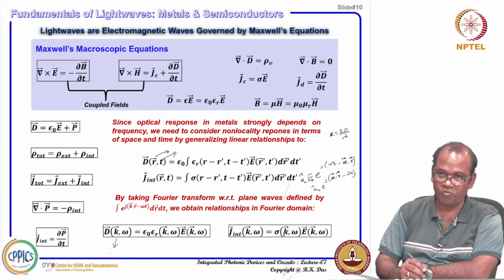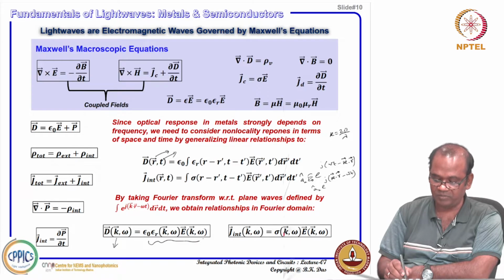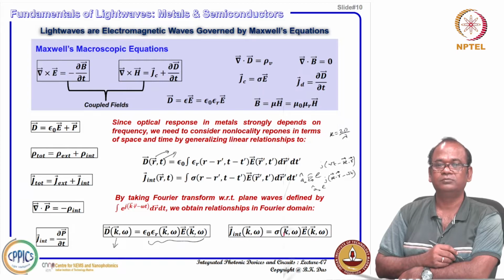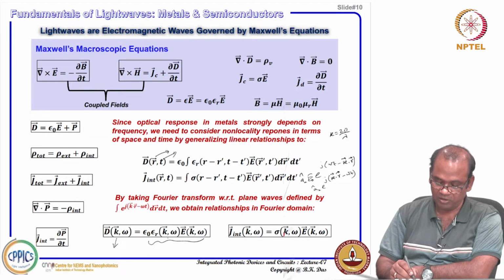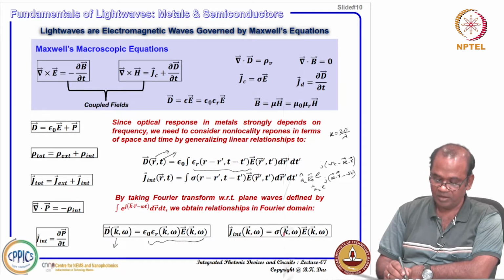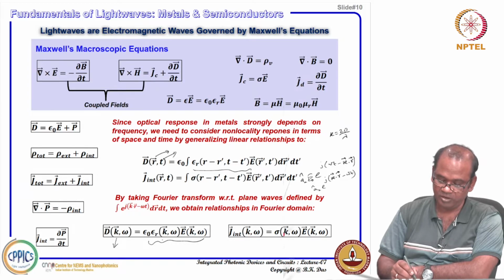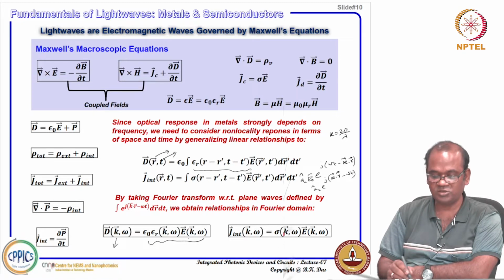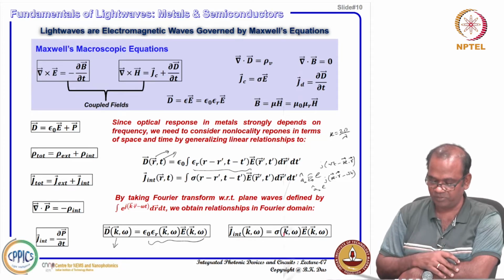So, in Fourier domain the convolution is nothing but just simple multiplication. So, epsilon 0 epsilon r, you just take a Fourier transform of this one, and that will be k omega, and so epsilon r will be converted into k omega and E will be k omega. So, just multiplication, it is just a simple principle of convolution and Fourier transform.